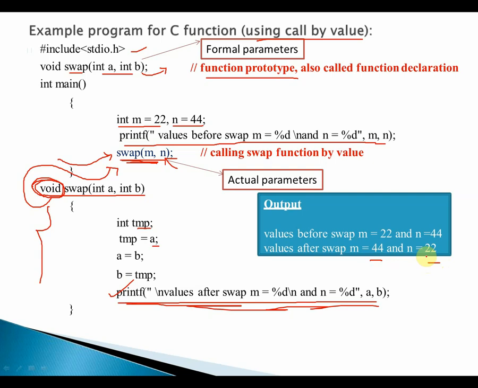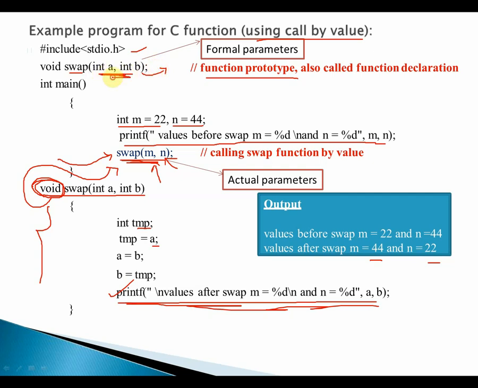Now in call by value, you have to remember that the formal parameters which you see over here and these actual parameters, both are stored in separate memory locations.